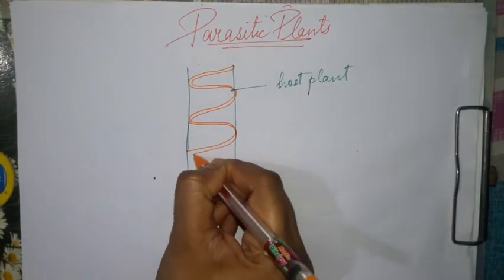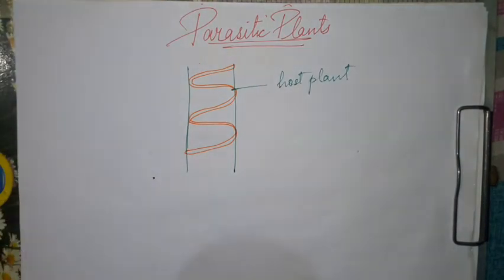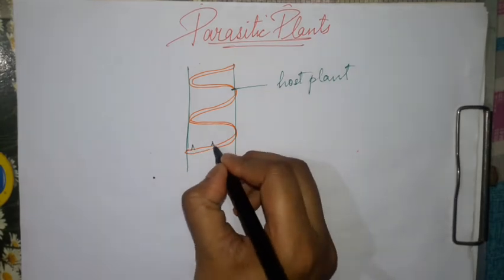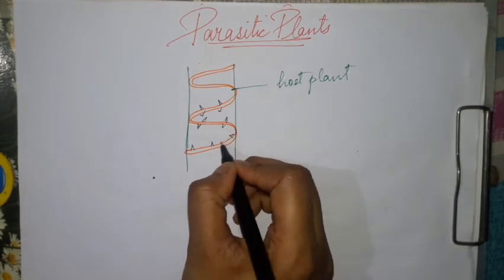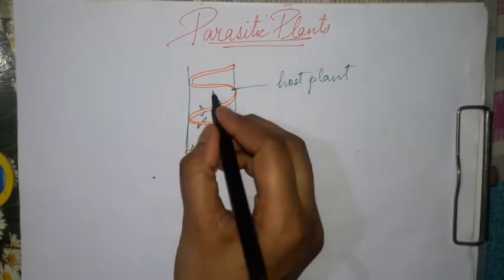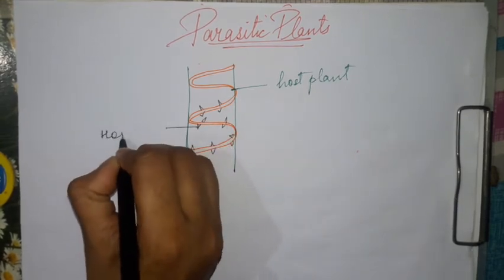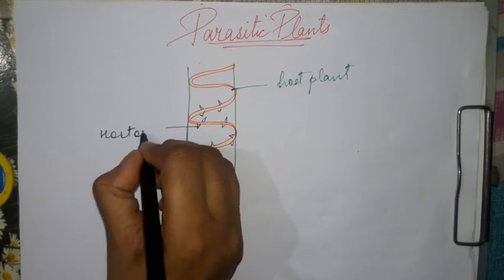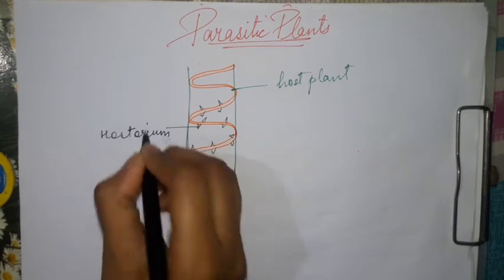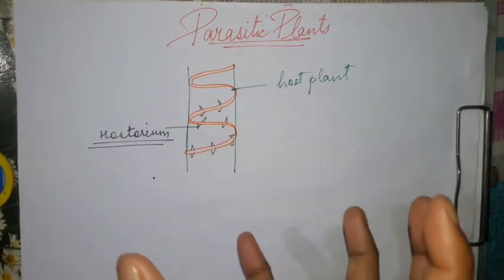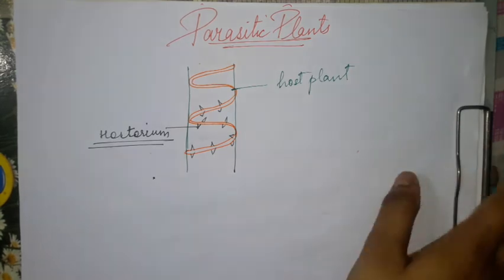And as I already told you, they have small roots present on them. Suppose these are the roots. Cuscuta has modified roots which are called haustoria, or you can also say haustorium. Let us study this in much more detail.